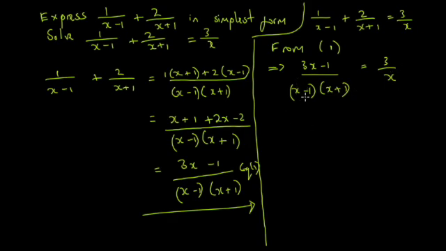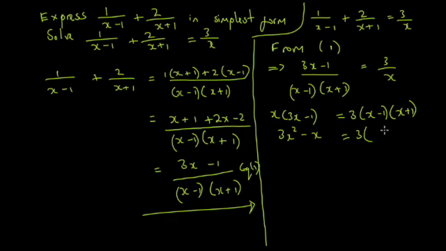So you can cross multiply. This one goes there, so it'd be x times 3x minus 1, equal to 3 times x minus 1 times x plus 1. Usually the equal signs should be aligned, but I don't have any space here. When you expand the left side, you get 3x squared minus x. On the right, expand this one first.